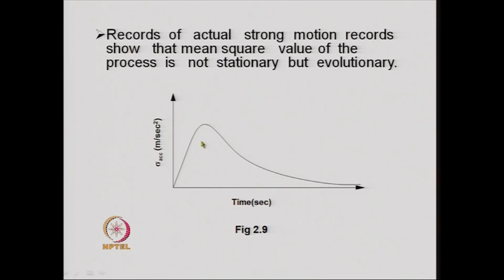One such modulating function is shown in this figure. Later on, at the end of this lecture series on inputs, we will see that we have several empirical equations representing different types of modulating function that are used in modeling the earthquake as an evolutionary stationary process.